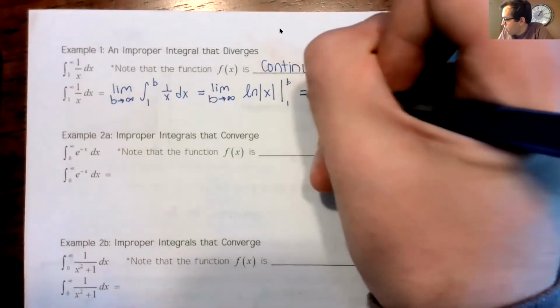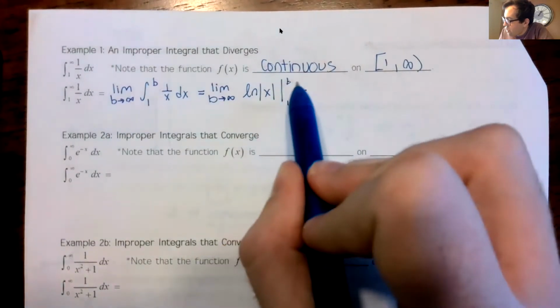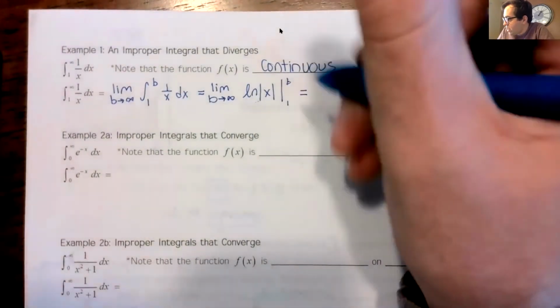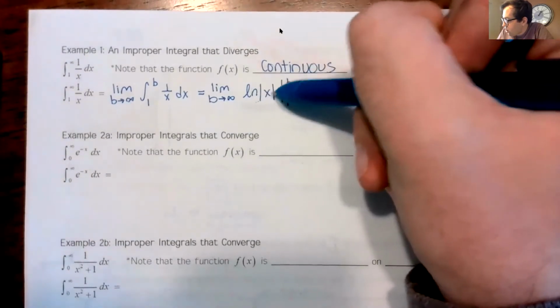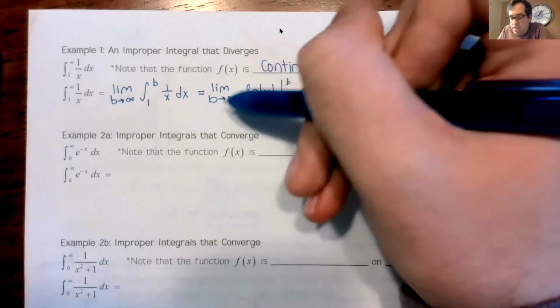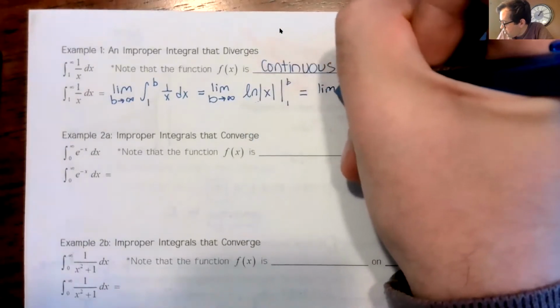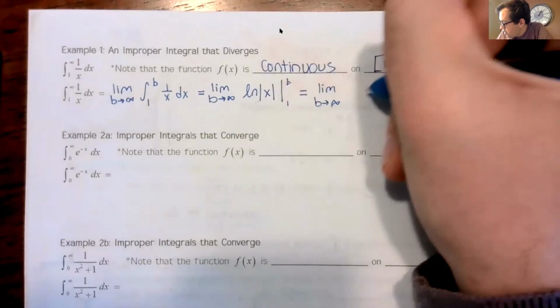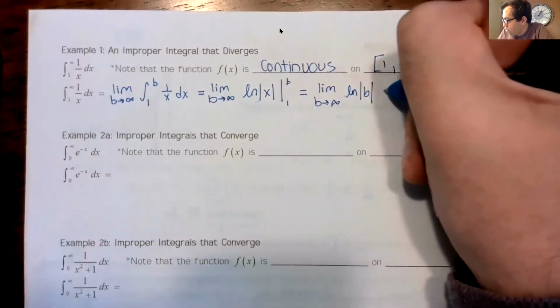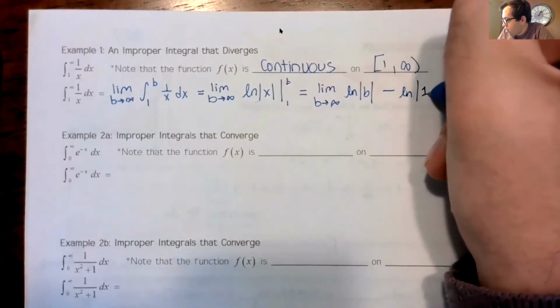Then we start to evaluate. Whenever the b comes into play, I'm going to rewrite the limit in front of it. So it becomes the natural log of b minus the natural log of 1. So it's the limit as b approaches infinity of the natural log of b, absolute value, minus the natural log of 1.